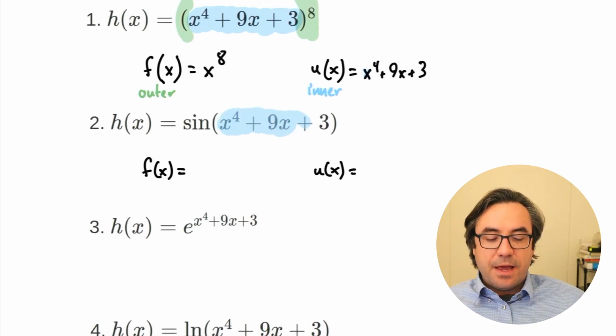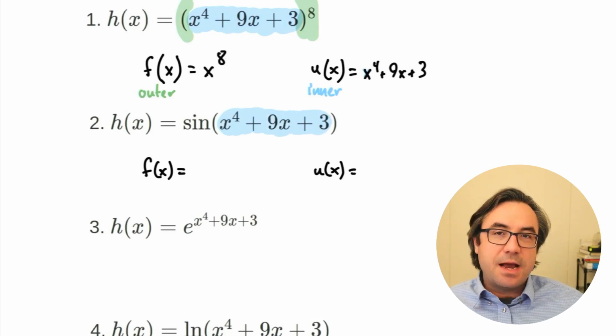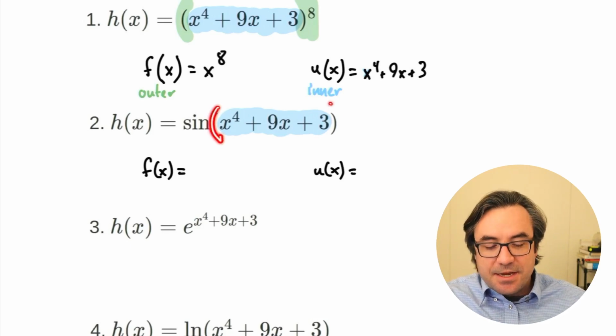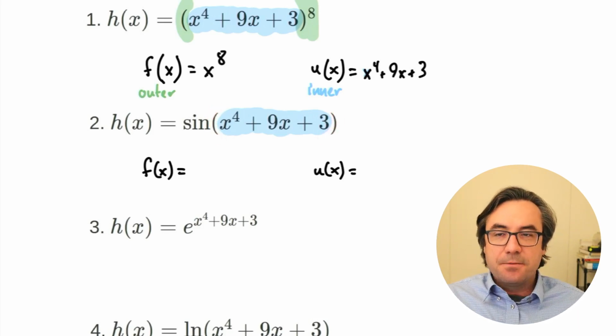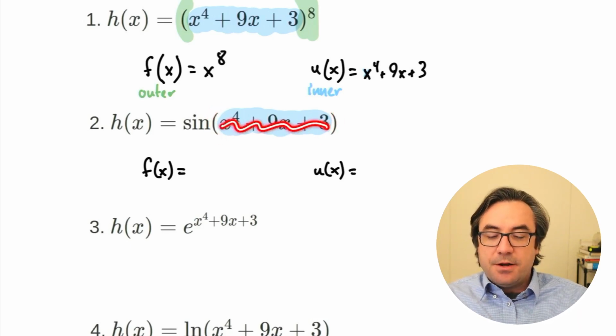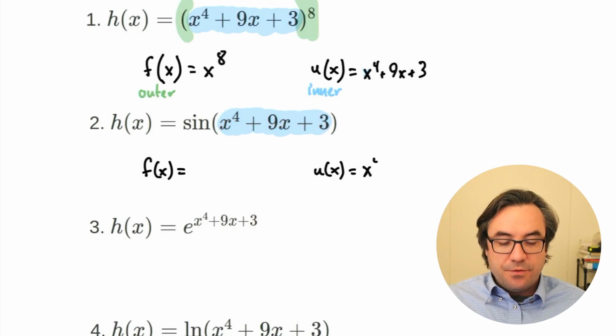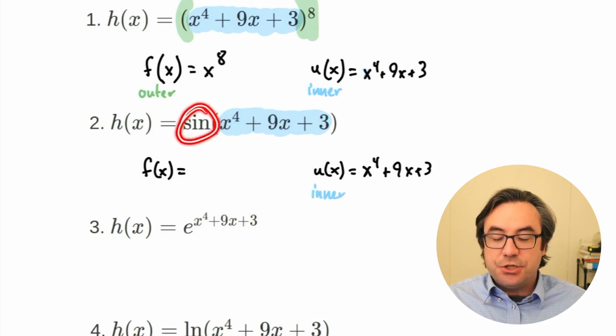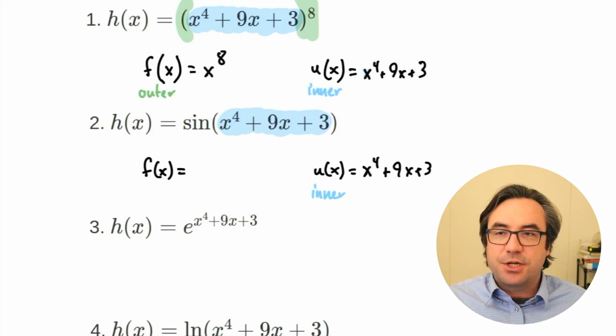So when we look at this, we see that we have that same x to the fourth plus 9x plus 3 inside this nice big set of parentheses there. So that's going to be our inner function. So we're going to call u of x, x to the fourth plus 9x plus 3. That's our inner function again. It's literally being plugged into, it's inside of the sine function.